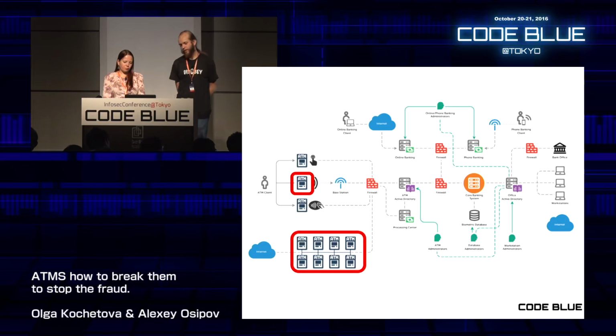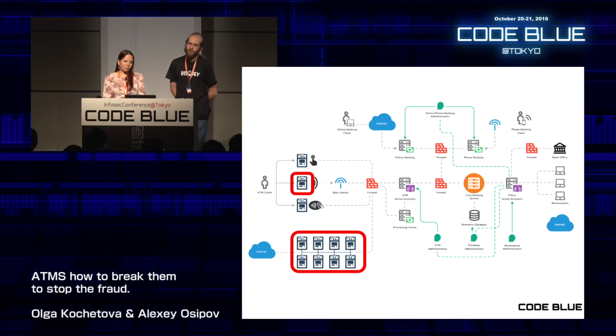But actually, there is also another problem. Because someone can access one ATM machine and compromise the network of ATM machines. Because what we see from PCI DSS requirements, there is also a requirement that all the data should be transmitted in a secure way. Secure way means for banks using VPN connections.